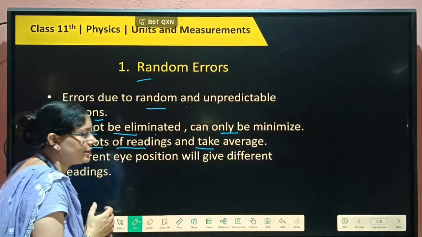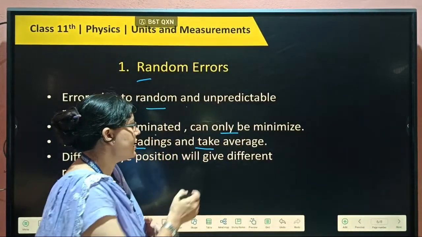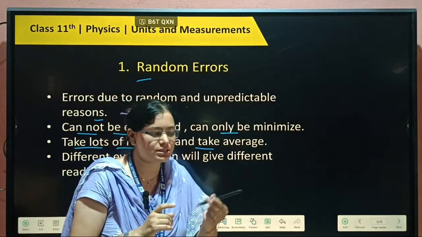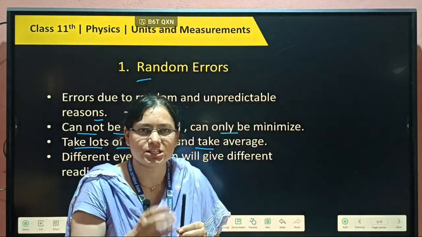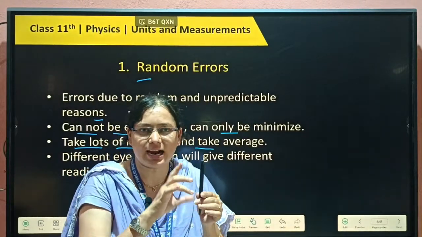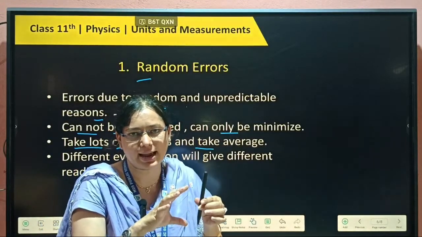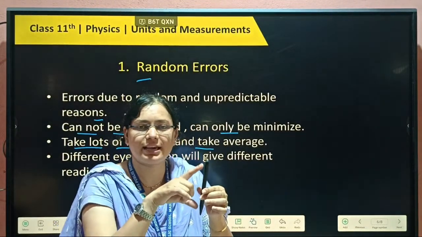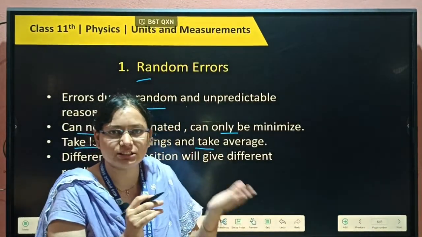How can we remove this? We have to take many readings and find the average. For example, I am measuring the size of this pen again and again, and the value may come out different from the true value. If the given size is 15 centimeters, but due to some random error that we can't predict, when we measure the size of this pen, there will be some change in the decimal.